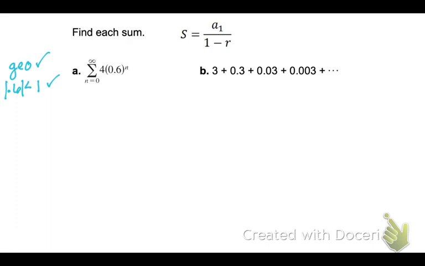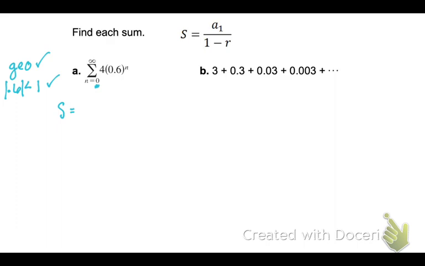So can I do this then? Yes. So S equals a sub 1 over 1 minus r. How do I find a sub 1? Put 1 in for n? Not in this case. Put 0, the lower limit. A lot of times it's 1, but not always.